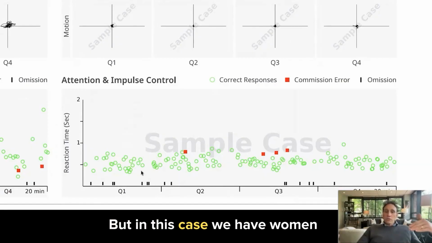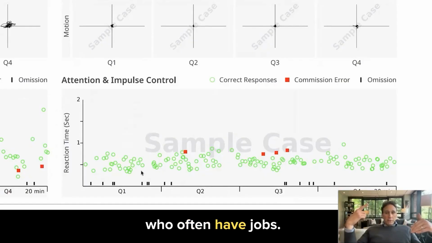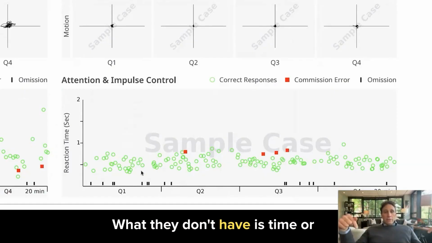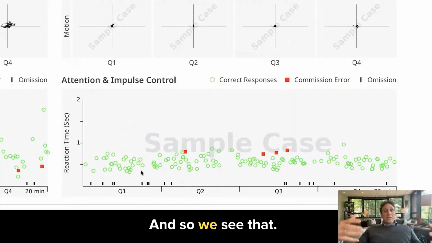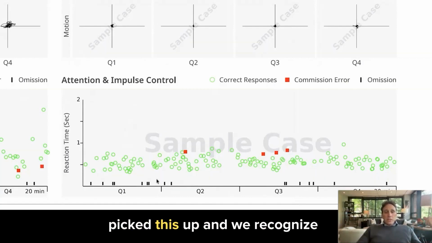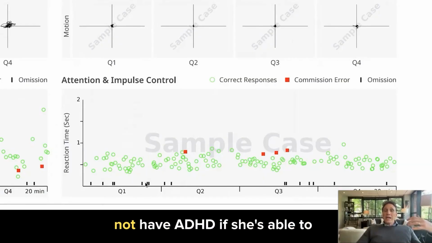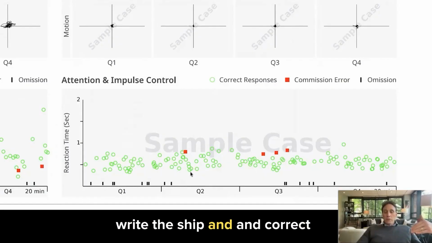But in this case, we have women who often have jobs, they have families, maybe children at home, they may have some financial pressures going on. What they don't have is time or interest in doing this stupid test. And so we see that. In fact, the algorithms have picked this up, and we recognize that this is actually very often indicative of a woman who does not have ADHD if she's able to right the ship and correct course and do really well.